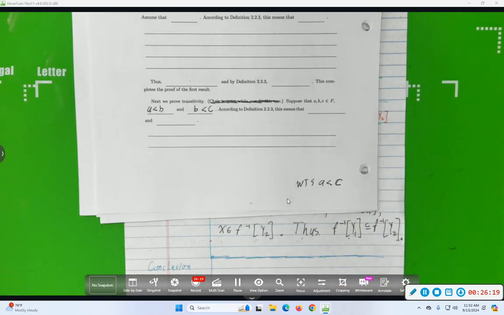So these proofs will be done by translating back to the original definition and then using things about positive numbers. Because we don't know anything about inequality. The only thing we know about inequality right now is it's defined in terms of positive numbers. So A is less than B, so what do we know? B minus A is positive.